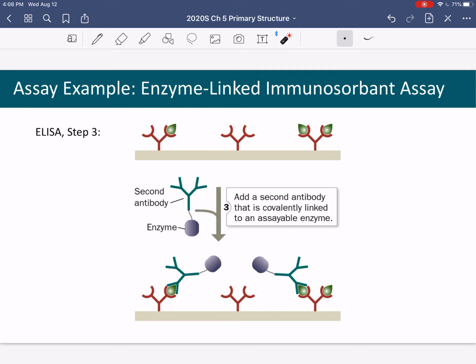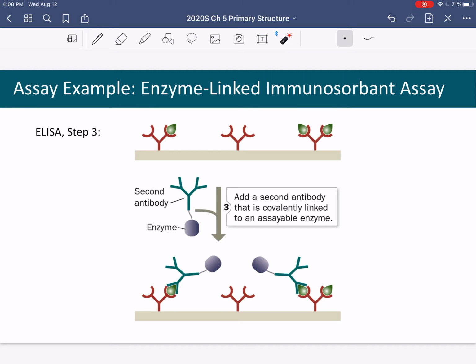And at this point, you add a secondary antibody, typically a commercially available antibody, which is covalently linked to a well-characterized enzyme. Importantly, an enzyme that has a colorimetric reaction to indicate its presence.